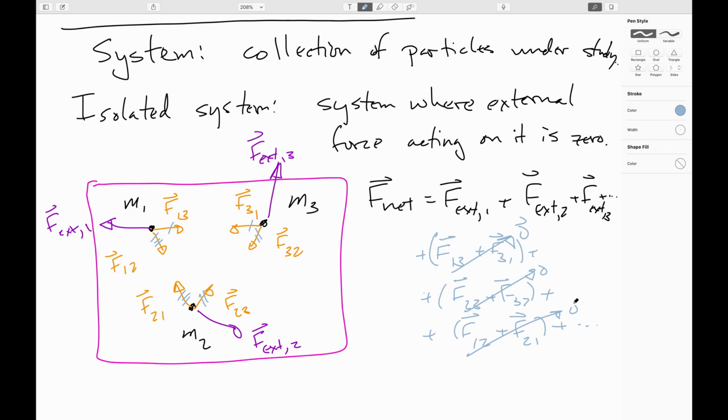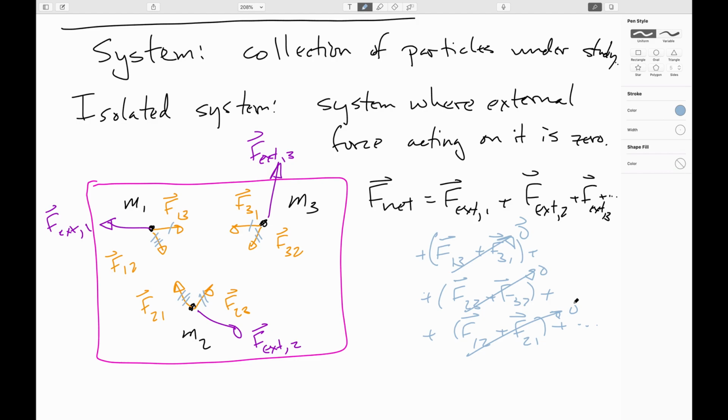And this will always work through, no matter how many particles you have, all of the internal interactions within the system cancel out. This is why, for instance, when we were doing the bit about cleverly choosing coordinates, cleverly choosing our systems, when we were looking at things like, say, the forces between cars on a train, we learned that creating a collection of systems that were all nested was easier.